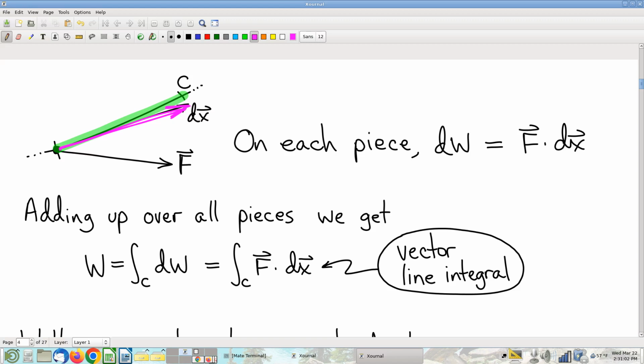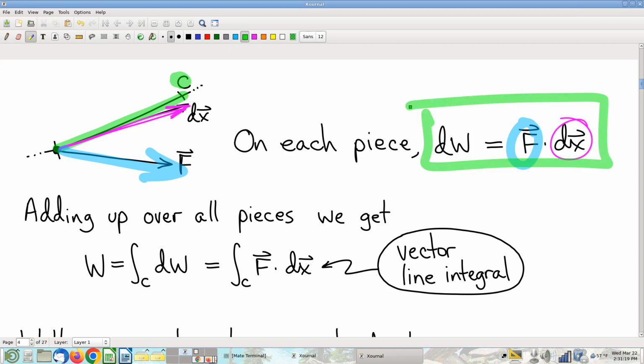And so we've got a displacement. We've got a force, again approximately constant over this piece. And no sweat. Work is equal to force dot displacement. So on this little piece, that is my formula for how much work.